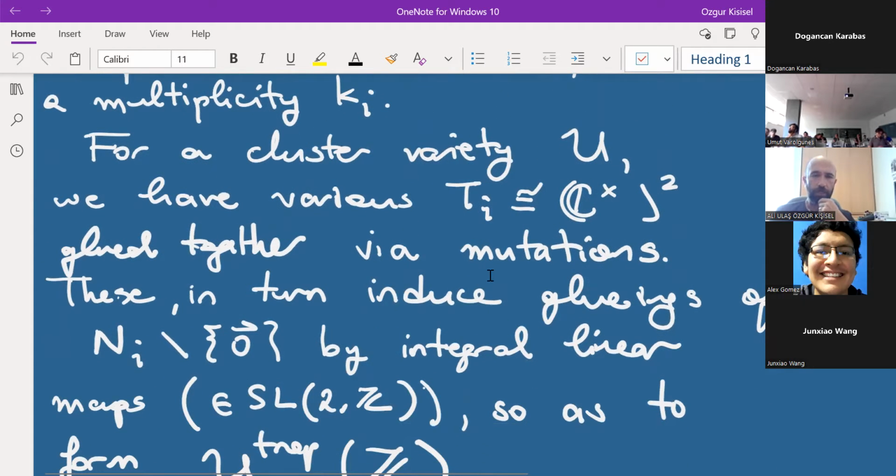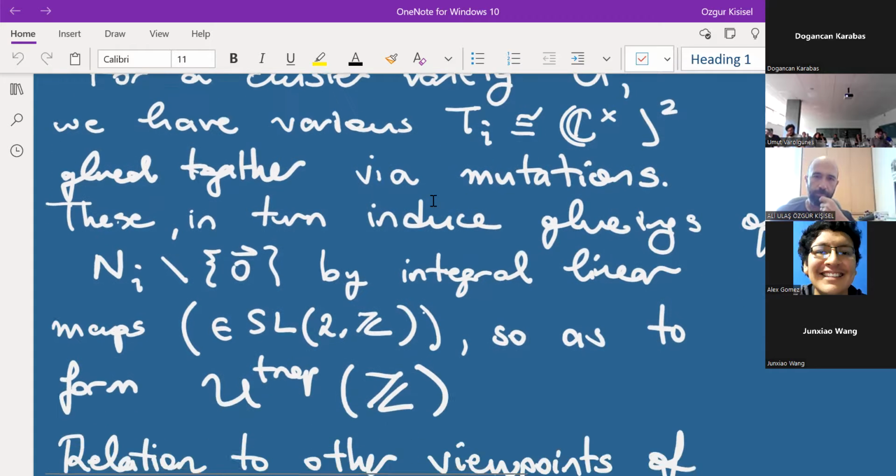I didn't write it here, but it was written in previous talks. So the mutations tell you how to go from one torus to the other by a simple move, and chasing that gives you how mutations should change one seed to another, essentially telling you how these Ni minus zeros are identified.